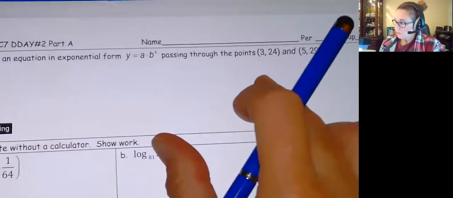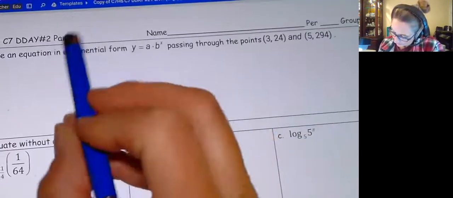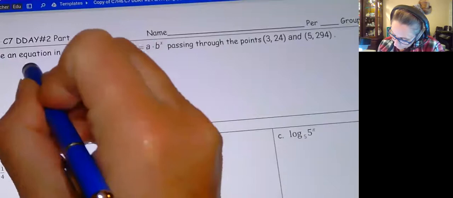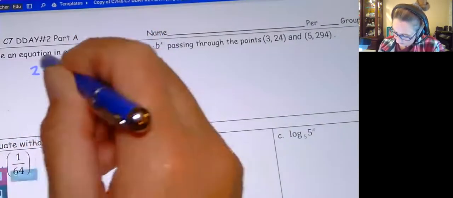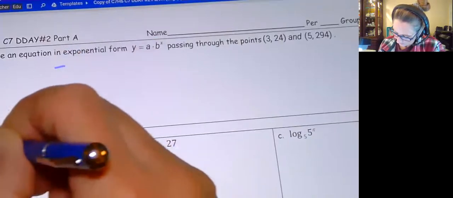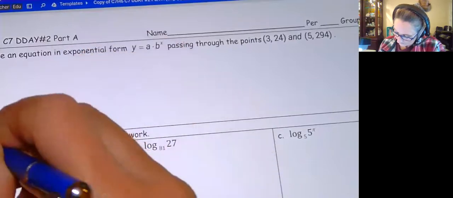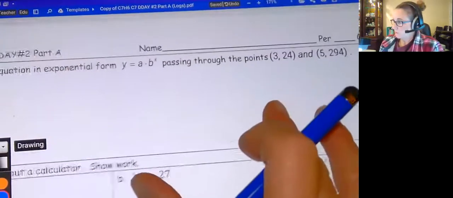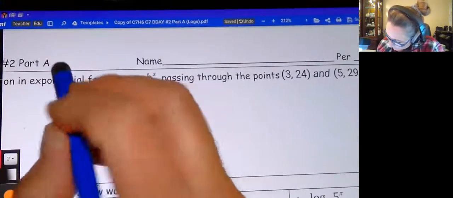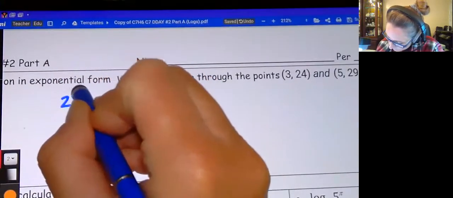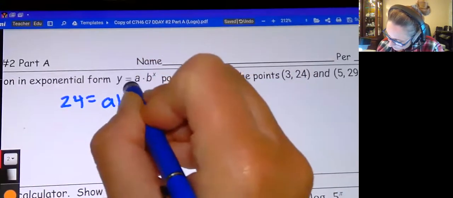Again, this is Y equals A times B to the power X. So I'm going to have 24 equals, I'm going to zoom in a little bit more. 24 is equal to A times B to the third.